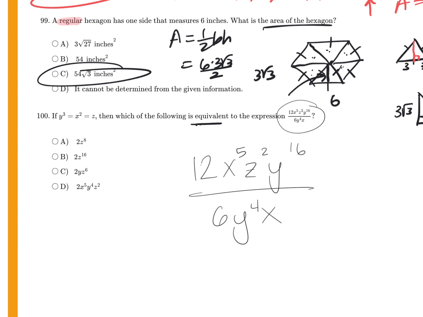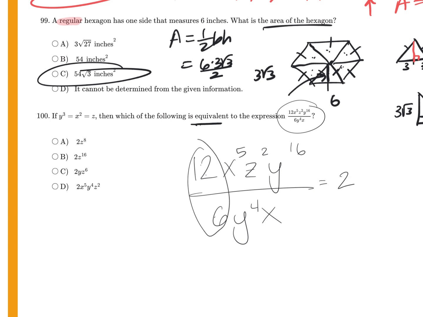So x squared is equal to z. If we look at the answer choices, all the answer choices have something like z to the 8th. So let's simplify this first and see what happens. 12 divided by 6 is 2.